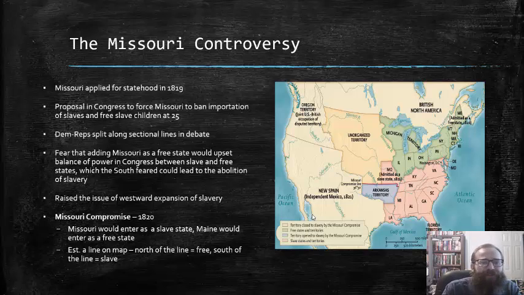It also established a line on the map that you see right here, that established that anything north of that line would be considered free territory, and anything south of that line would be considered slave territory. Of course, minus Missouri, which was technically above that Missouri Compromise line, but was allowed to have slavery under this compromise.